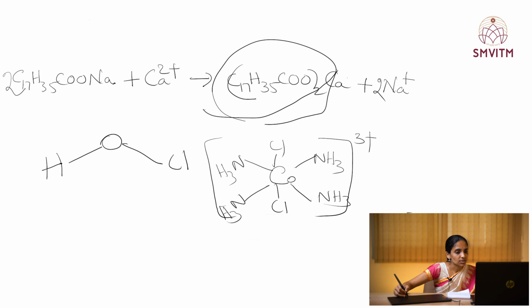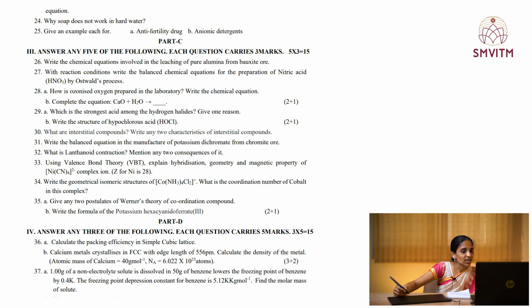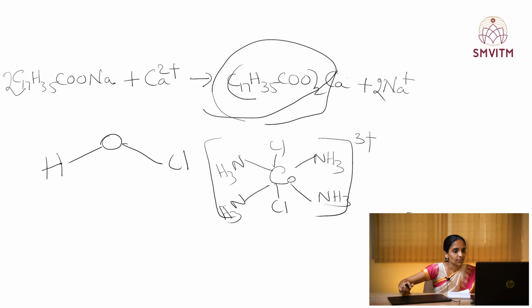So this forms the trans form actually. Now how do you make it cis? This is the trans form. To make it cis, I'll put the chlorido ligand here and amine ligand here. So now the 2 chlorido ligands are adjacent to each other, making the complex cis.